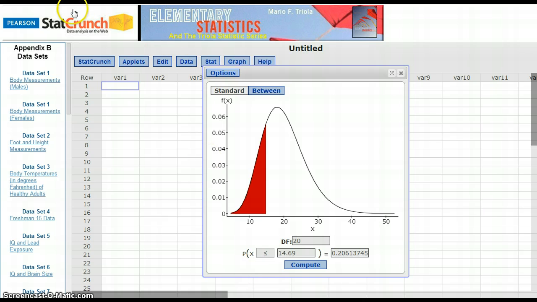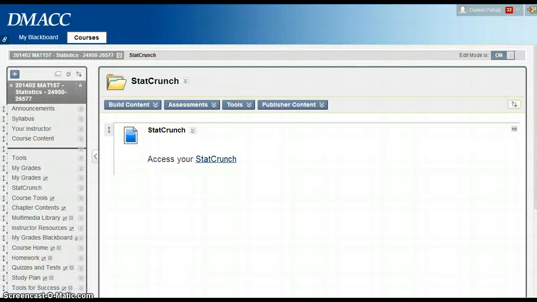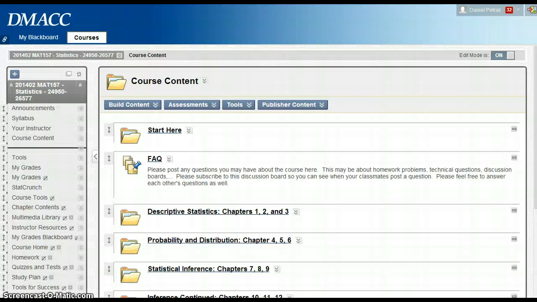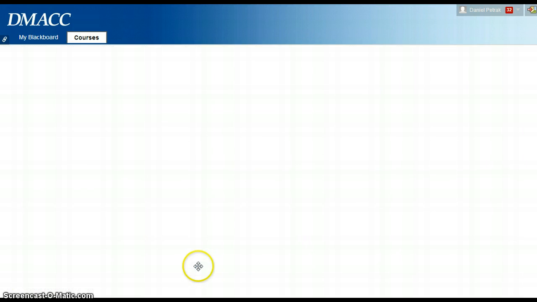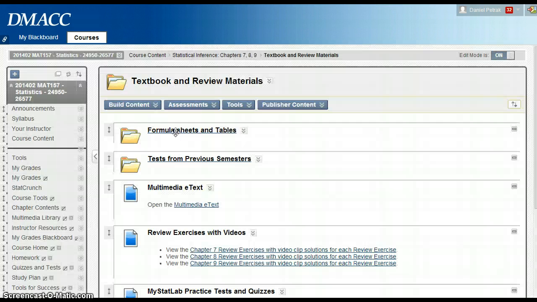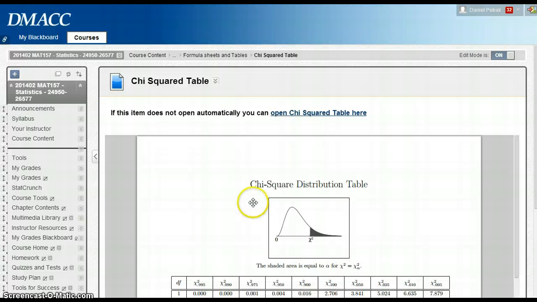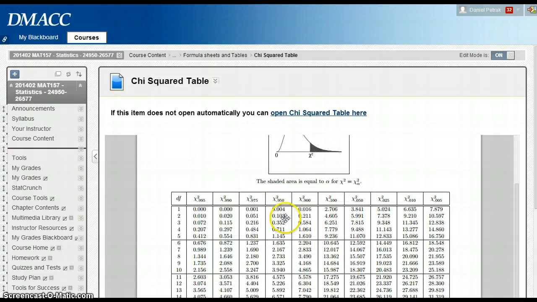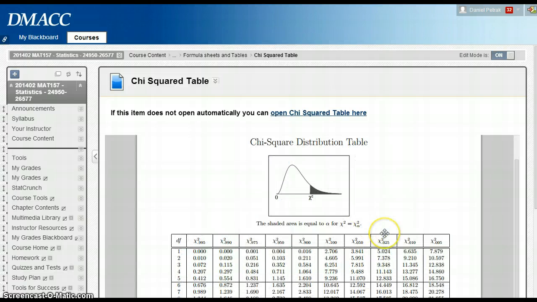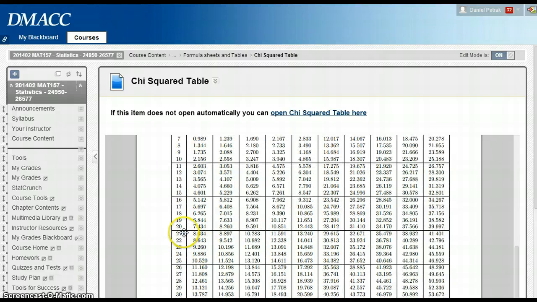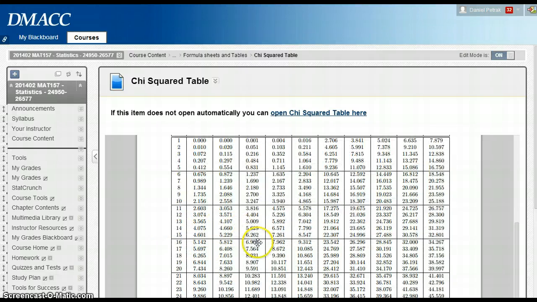If we're going to use our chi-squared table, I'll go ahead and pull that up. I'll go to course content, chapters 7 through 9, textbook and review materials, and here's the formula sheets. Let's pull up this chi-squared table. If I look for row 20, we're looking for 14 point something.